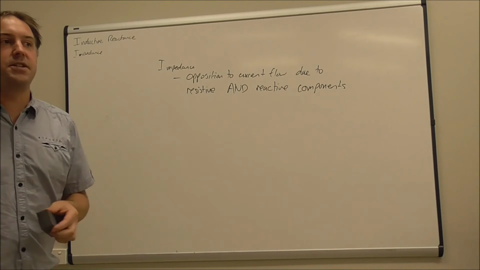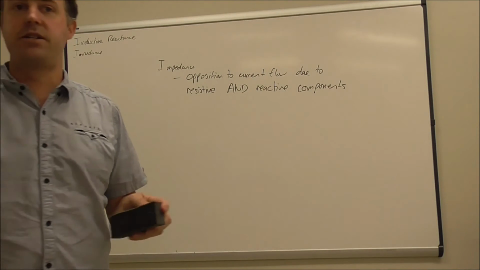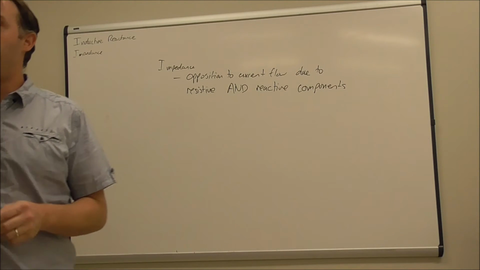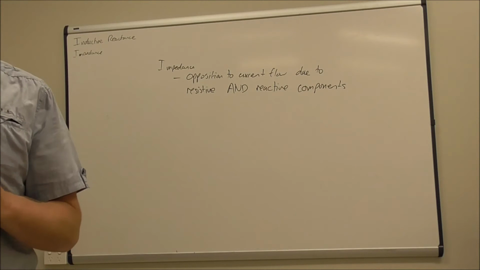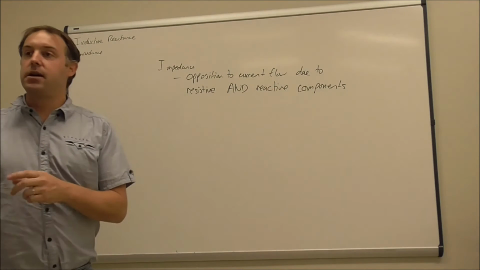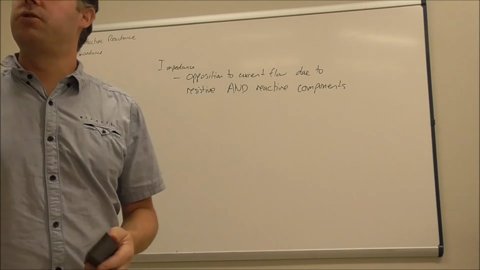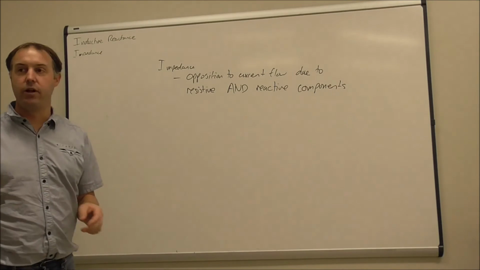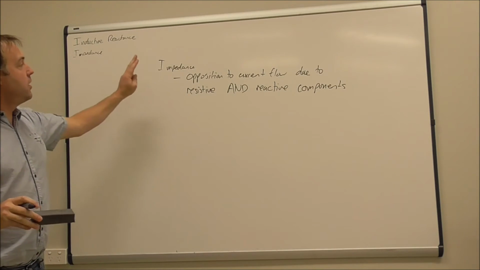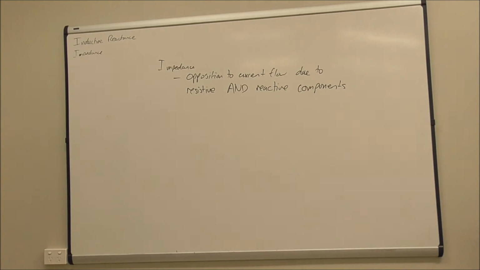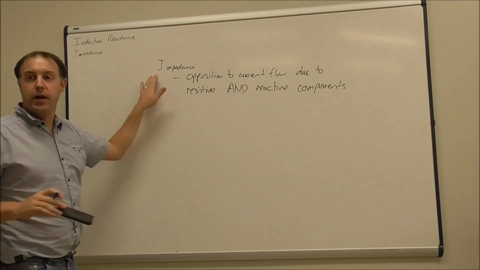That's the DC resistance due to the actual wire inside it. And so as a result, we're going to have a combined effect of that DC resistance, the resistance that's got nothing to do with frequency, and the reactance due to the coil itself, and the fact that it's all wrapped around a core, iron, and everything else. So the combined effect of those two, the reactance and the resistance, is what we call impedance.